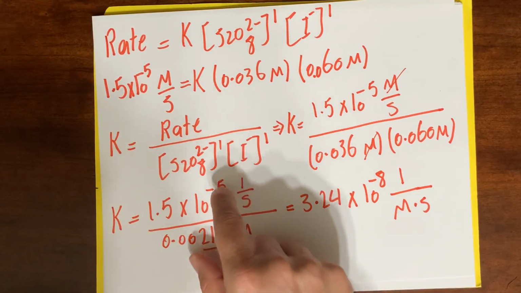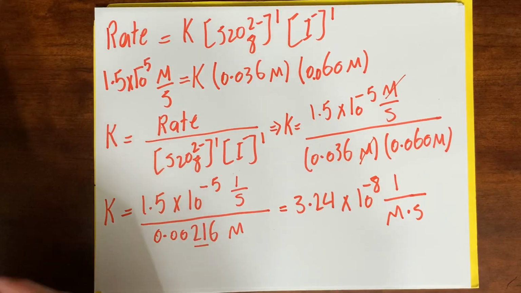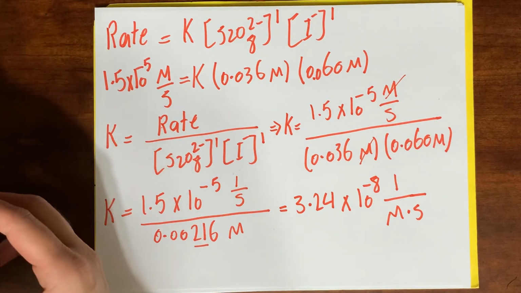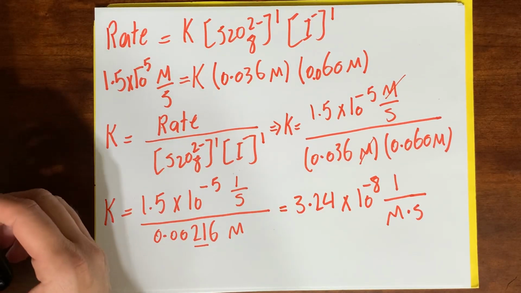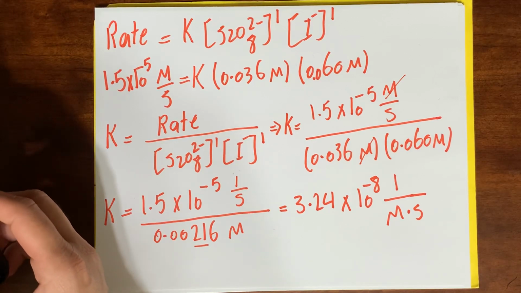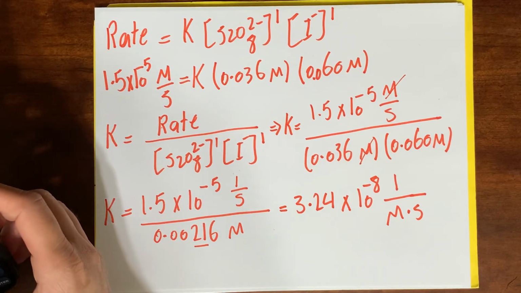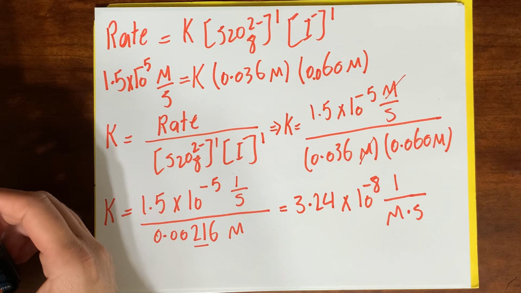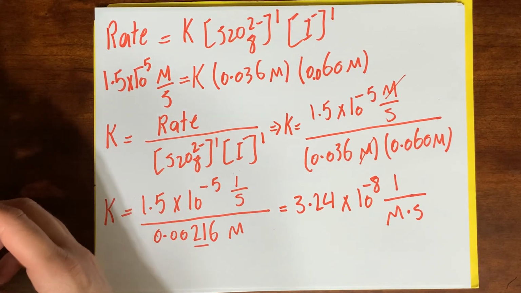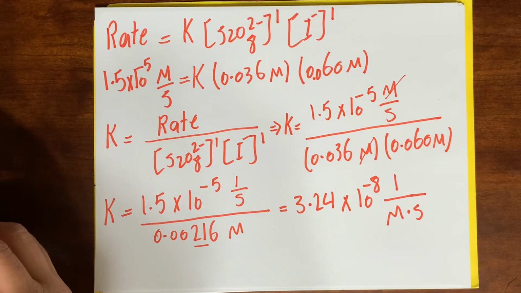I want to double check this number and see whether I got it correct or not before I move forward. So I have 1.5 multiply 10 to the power of minus 5 divided by 0.036 multiply 0.060. Okay, my number is different this time.